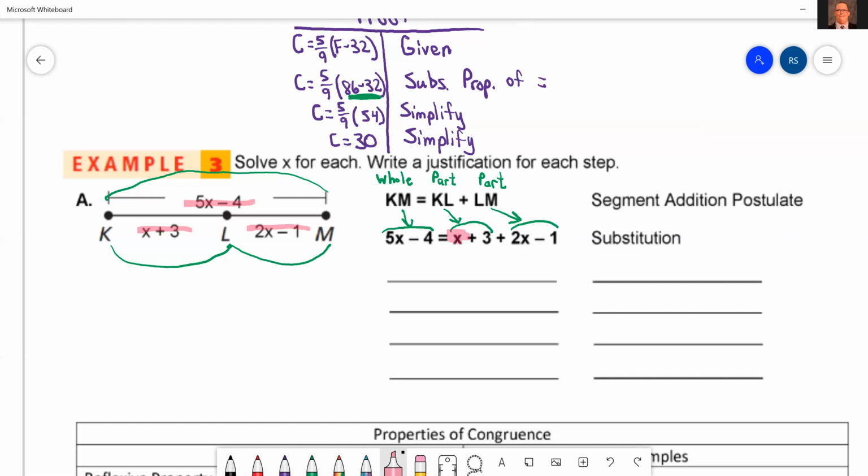There's an x here, and then 2x there. So how many total x's do I have on the right? One x plus 2x gives you 3x. Now, I notice I have a plus 3 and a minus 1.